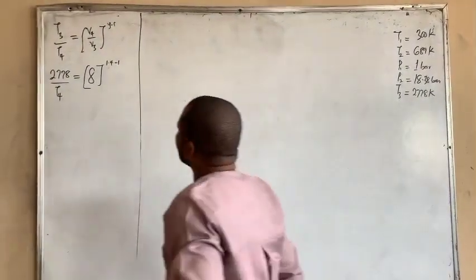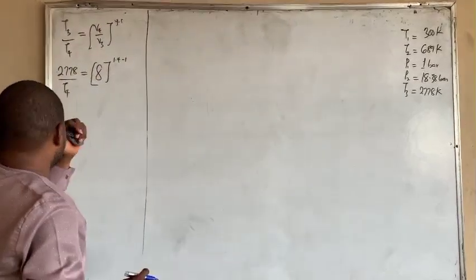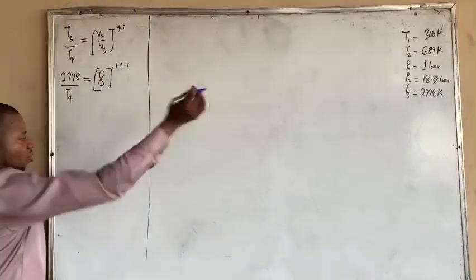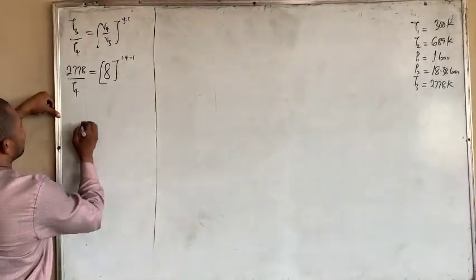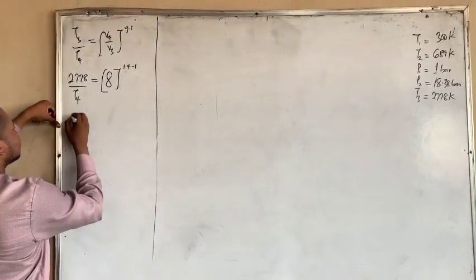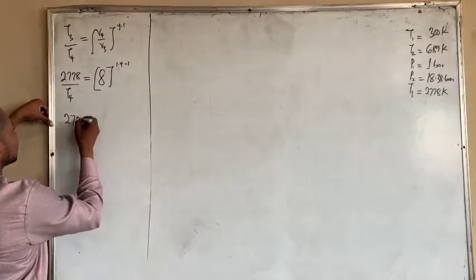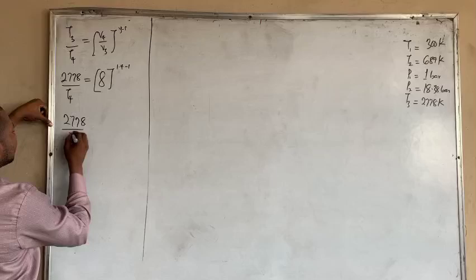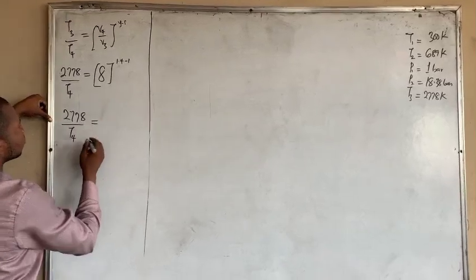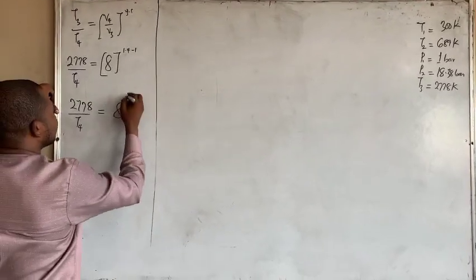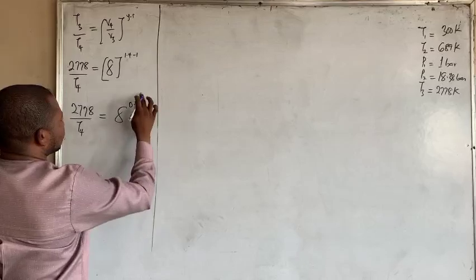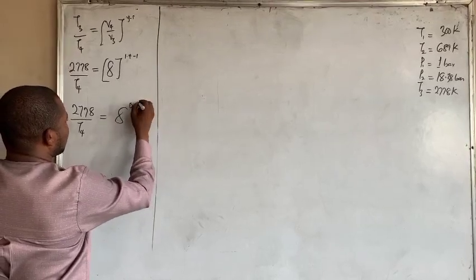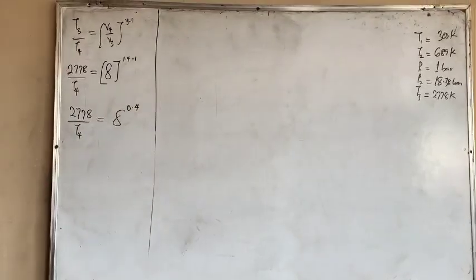I would have shown why this ratio is equally considered as a compression ratio, but it's off already. Now we have 2,778 over T4 equals 8 raised to power 0.4.